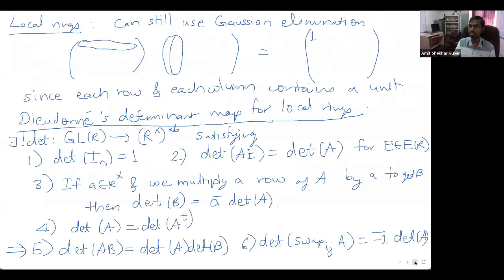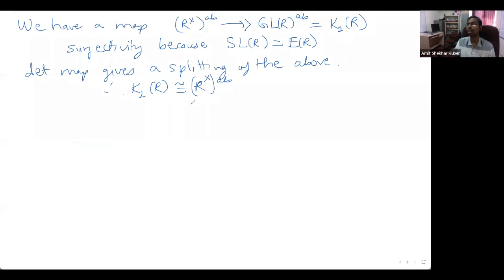Similarly, for local rings also, K0 was Z. However, this one does distinguish between them, if the abelianizations of their multiplicative groups of units are different. So K1 tries to differentiate between things which are identified by K0.